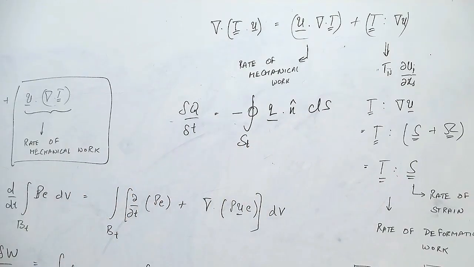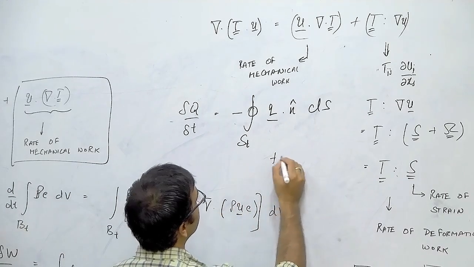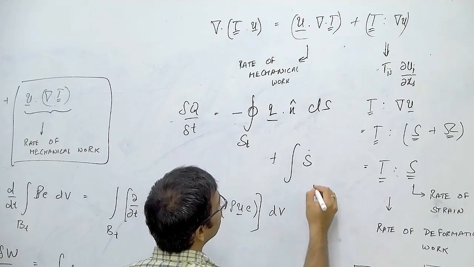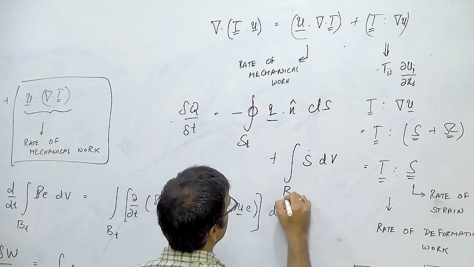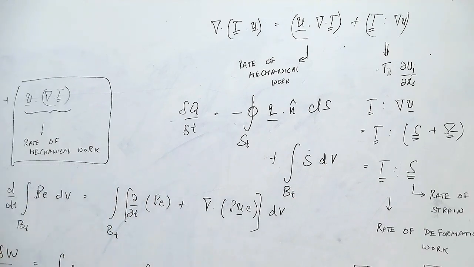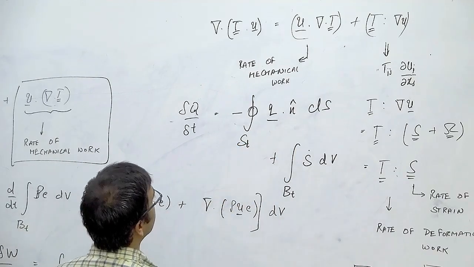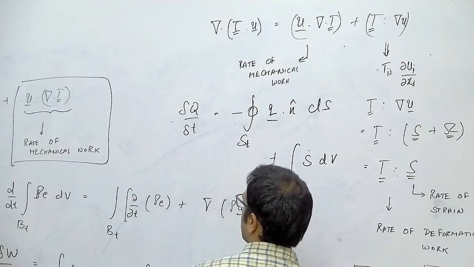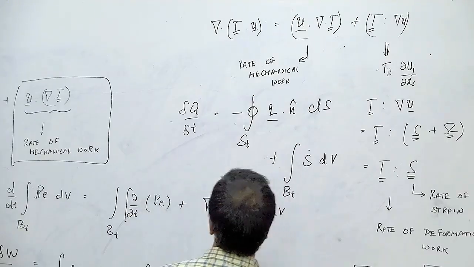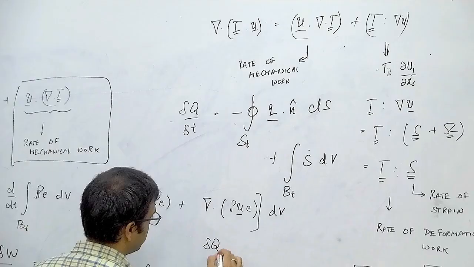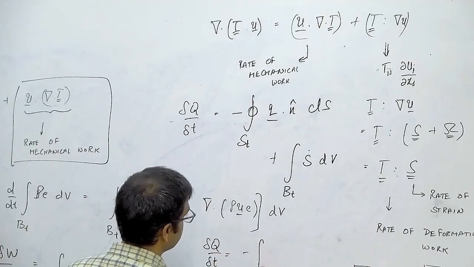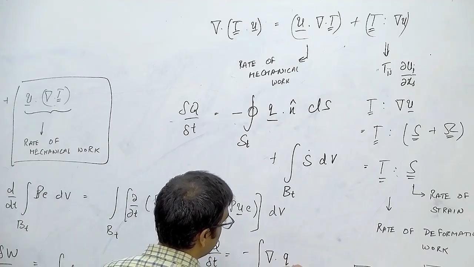So this is the net rate of heat supplied from the surroundings through the surface of the fluid element, and then there might be some volumetric heating which we write as S dot here. Okay, and now again I can apply my Gauss divergence theorem, and my del Q by del T will simplify to be minus del dot q plus S dot.